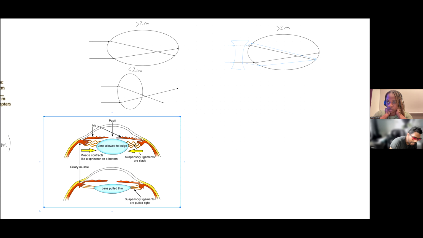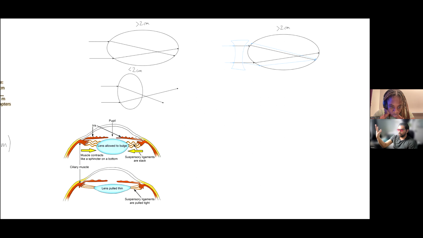When you go from looking at something far away to looking at something close up, the ciliary muscle can either contract or relax to make that adjustment. But as people age, the ciliary muscle gets weakened, it atrophies. And so older people who otherwise would have perfect vision and don't need glasses will need reading glasses to look at things close up.